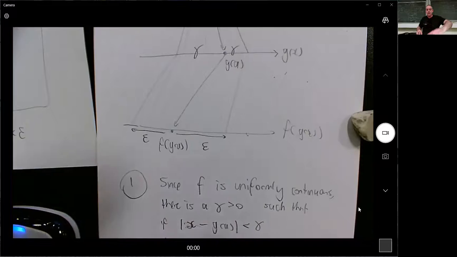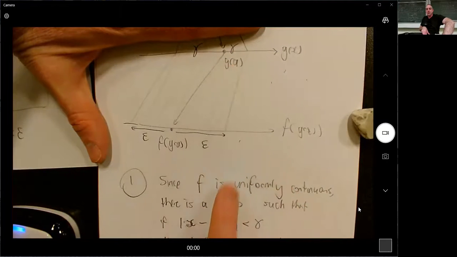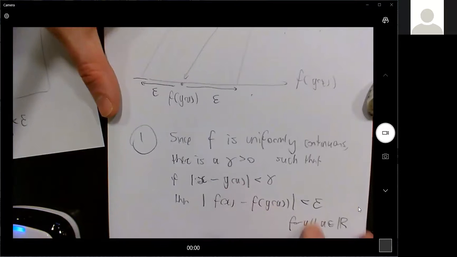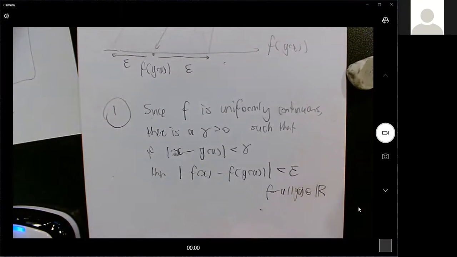So I'm thinking about uniform continuity just on this piece of the picture. The center is g of a, and so that's what I put in the spot where a normally is. So it's actually technically for all g of a in R, like that.